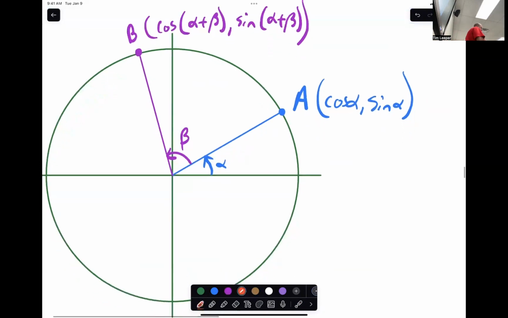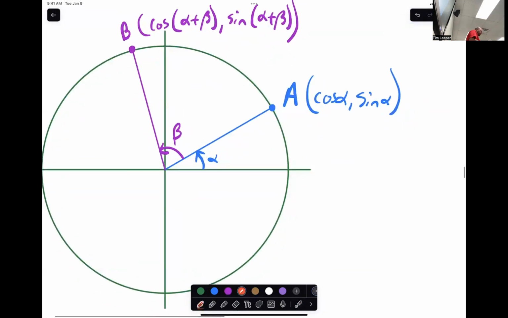Now notice, I'm also going to have another point here. And this other point will be where we have this angle here, and I'm going to call that negative beta. So in magnitude, this angle should be the same as this angle. Notice, though, that one's going the positive x direction, one's going the negative. So I'm going to call that one a negative beta.